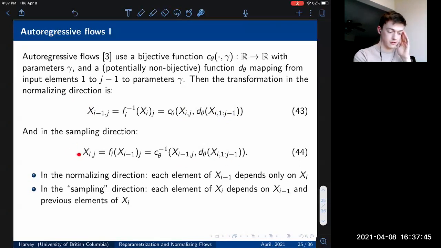First I'll go through what this equation is saying. This is looking in the other direction, giving us the inverse of this.